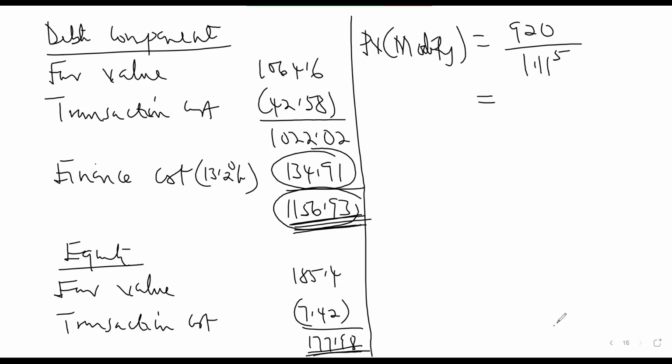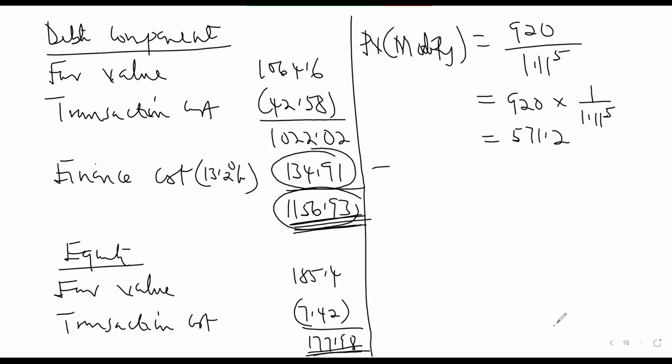Or someone can also do it as 920 times 1 over 1.11 exponent 5. Anyhow you want to do it. What is the answer that we are getting? 571.2, isn't it? Yes, sir. Okay, so this is the present value.